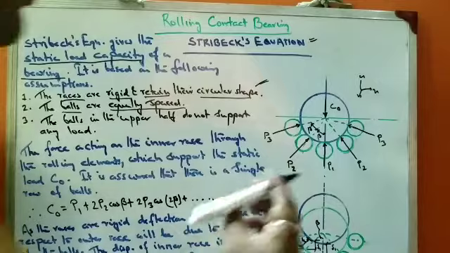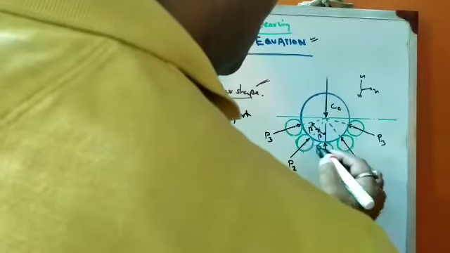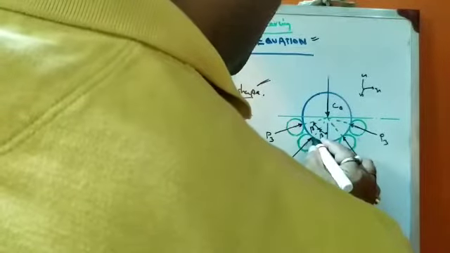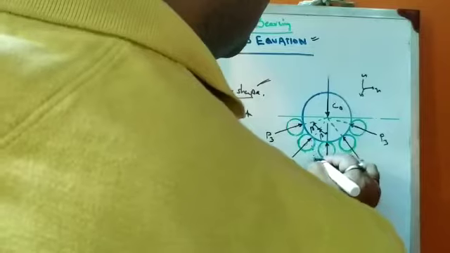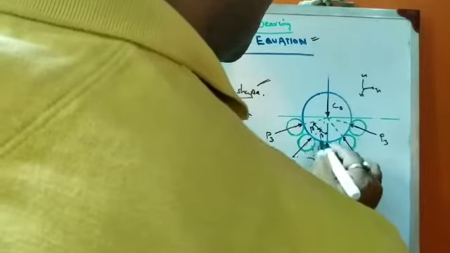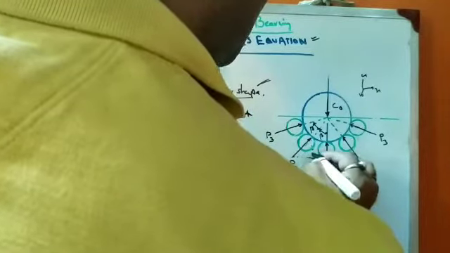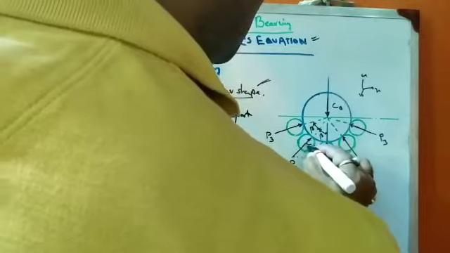Now if you want to draw the cos component of P2, it should be like this. If this is beta, this should also be beta.